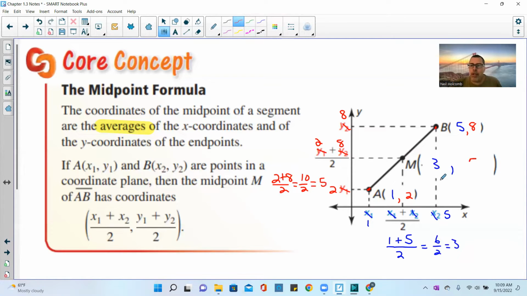So the midpoint of this segment that has endpoints 1 comma 2 and 5 comma 8 is 3 comma 5. And the midpoint formula is simply that. Add your endpoints, divide by 2, do that with x, and do it with y. So with that, we're going to continue now on to the next example.